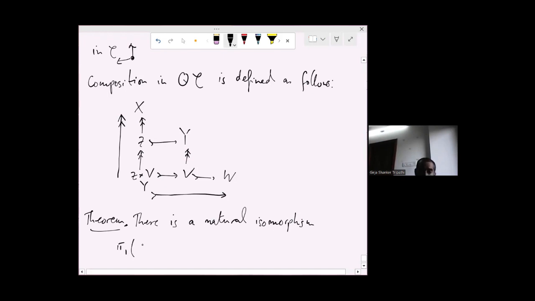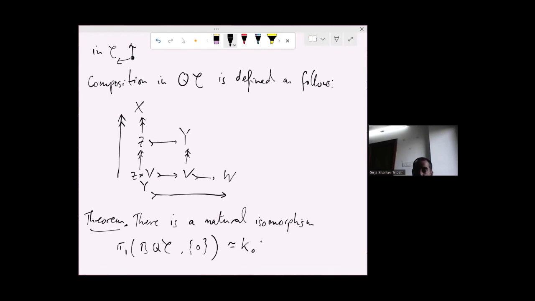Pi 1 of the nerve of QC and its realization, just BQC, let's say we take base point 0.